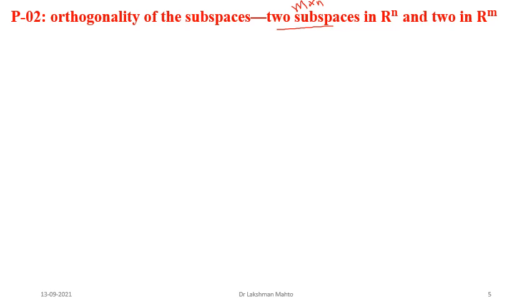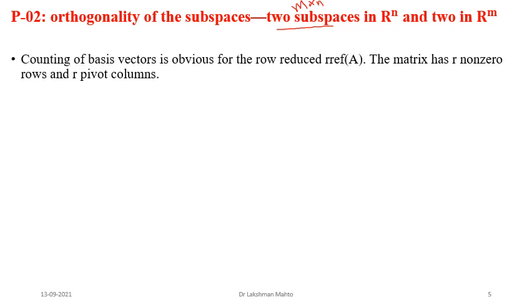In that process, it is forming an orthogonal complement as well. So all these are talking about part 2. So the counting of basis is obvious from the row reduced echelon form, that you can count basis vectors easily in row reduced form. The matrix has R non-zero rows and R pivot columns.